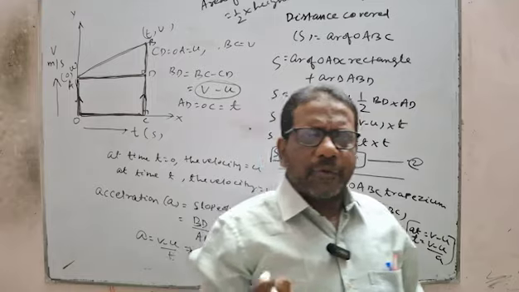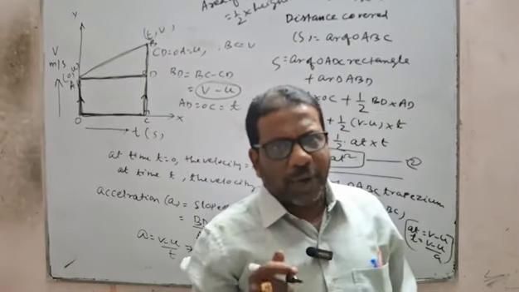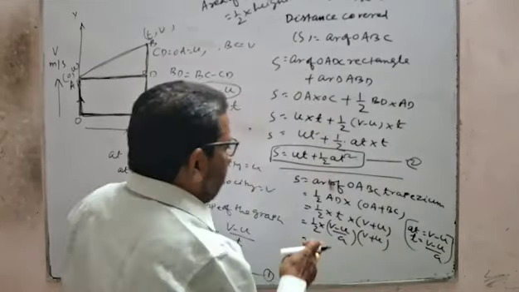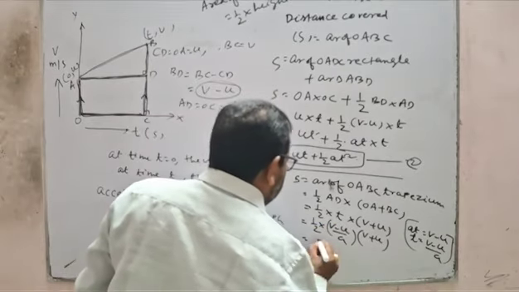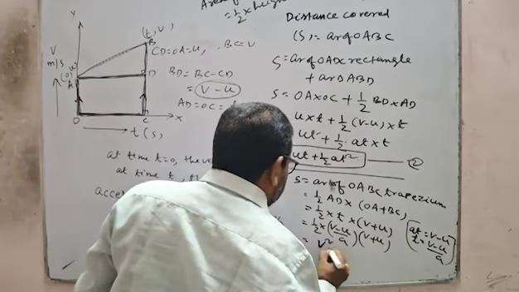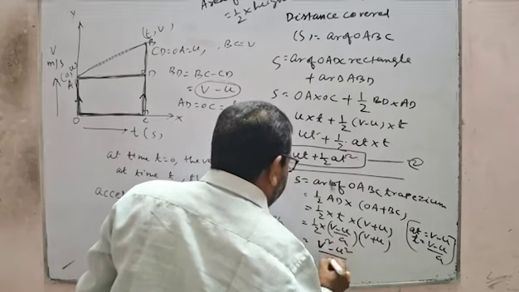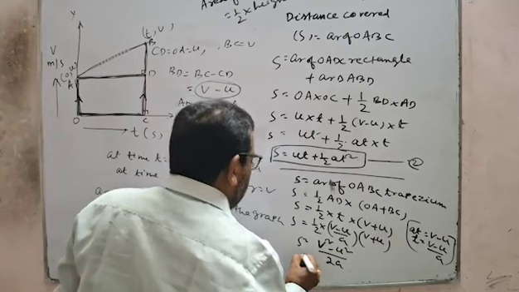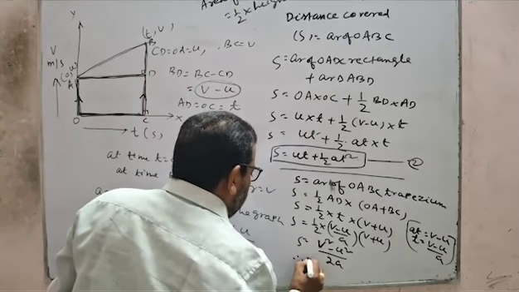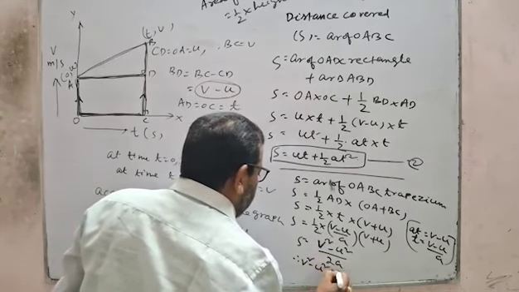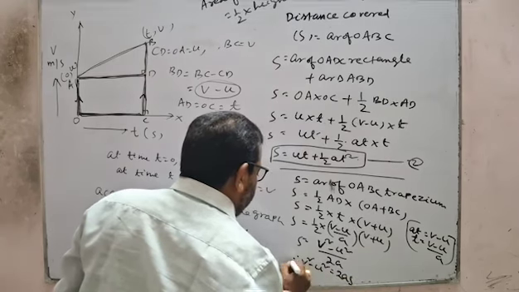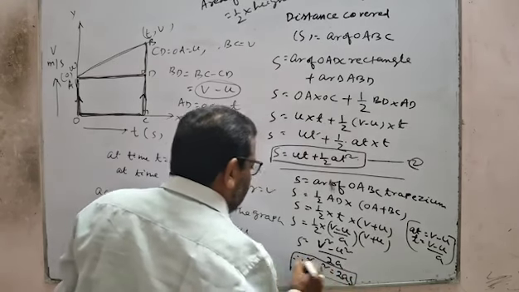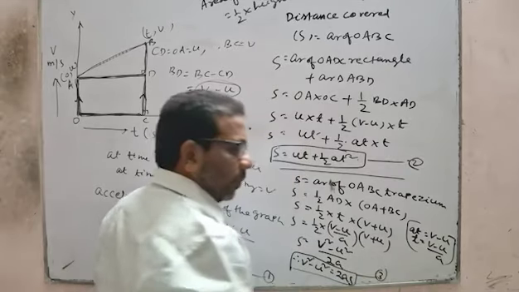Using a plus b into a minus b equals a square minus b square, we get v square minus u square by 2a. Therefore, v square minus u square equal to 2as. And this is the third equation of motion.